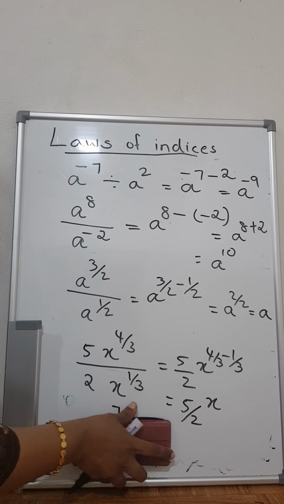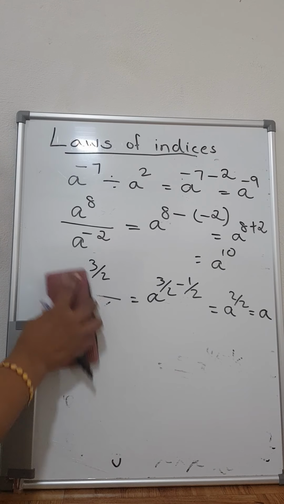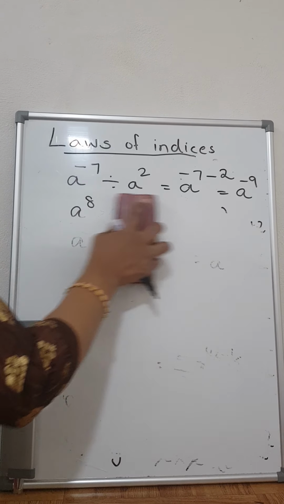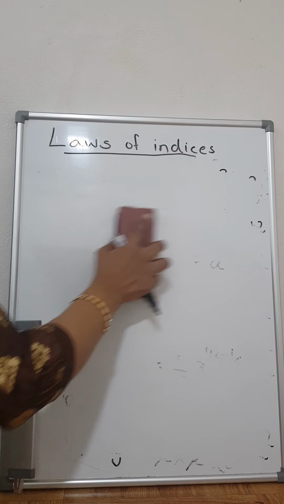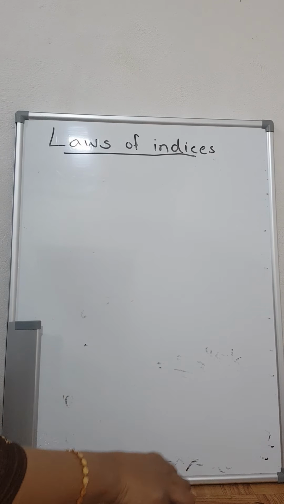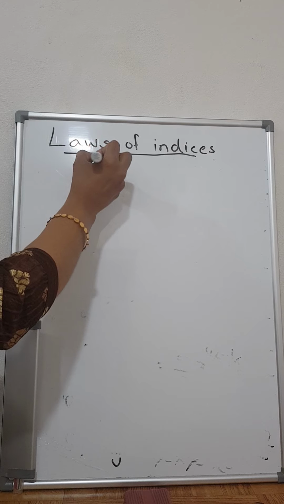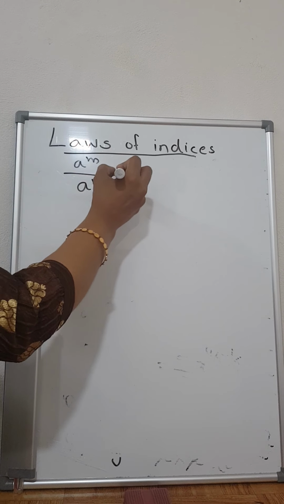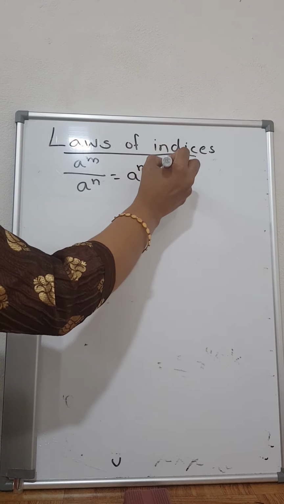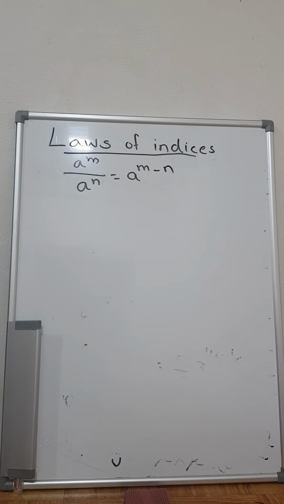So what have we learned? We have learned the division law in indices. According to the division law, a to the power m divided by a to the power n is a to the power m - n. Now we will learn the power law in indices.